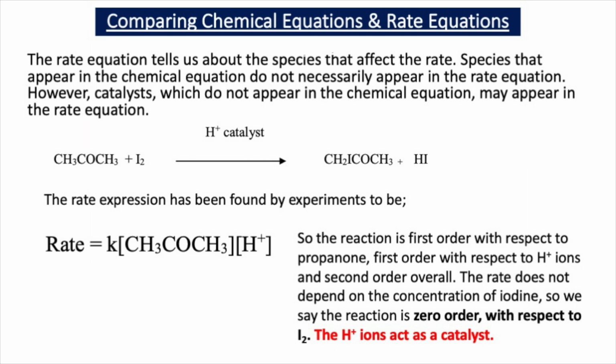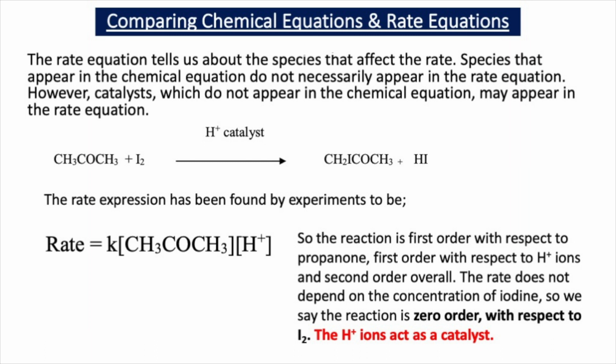Now the concentration of iodine does not appear in the rate equation, and that's because changing the concentration of iodine here does not affect the rate of reaction. We say that this reaction is zero order with respect to iodine because changing the concentration of iodine does not affect the rate of reaction.